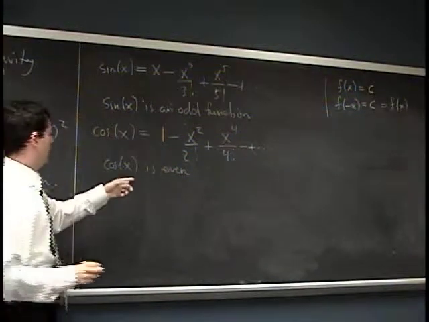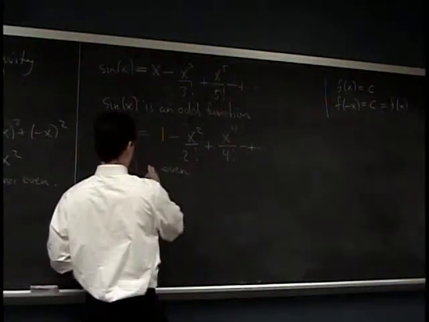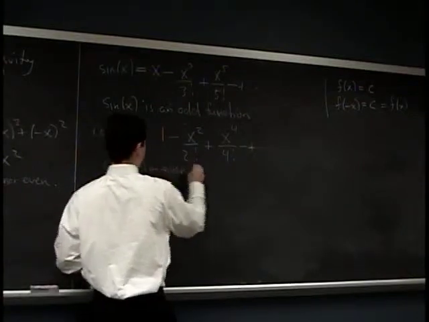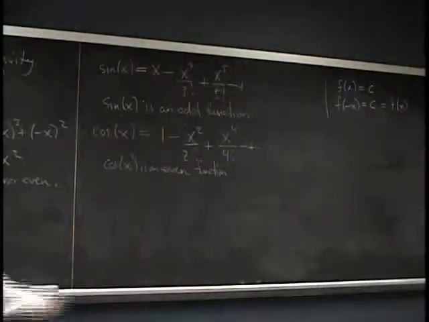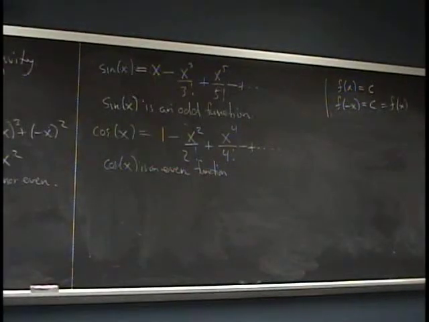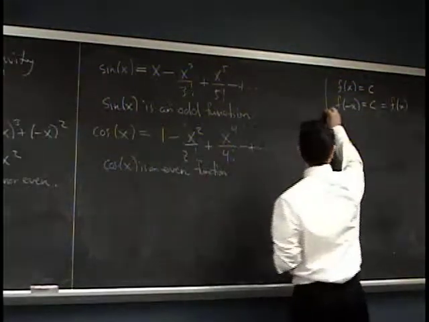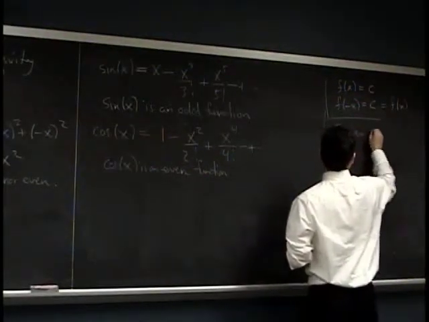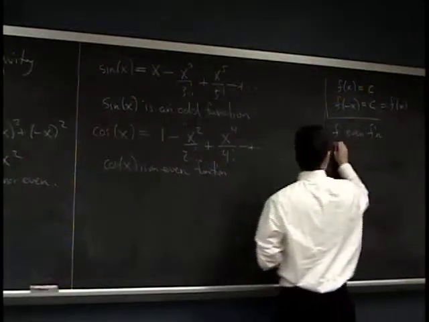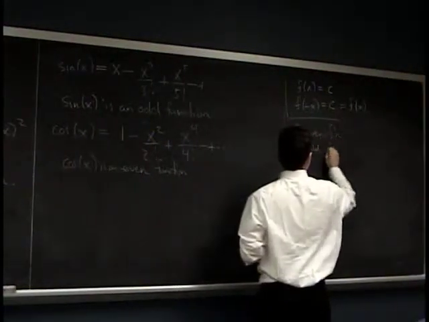Now I could write a full sentence: cosine of x is an even function. Now we saw over here, if you add together an odd and even function, you screw the whole thing up. But what if you multiply? What if f is an even function, and g is an odd function?